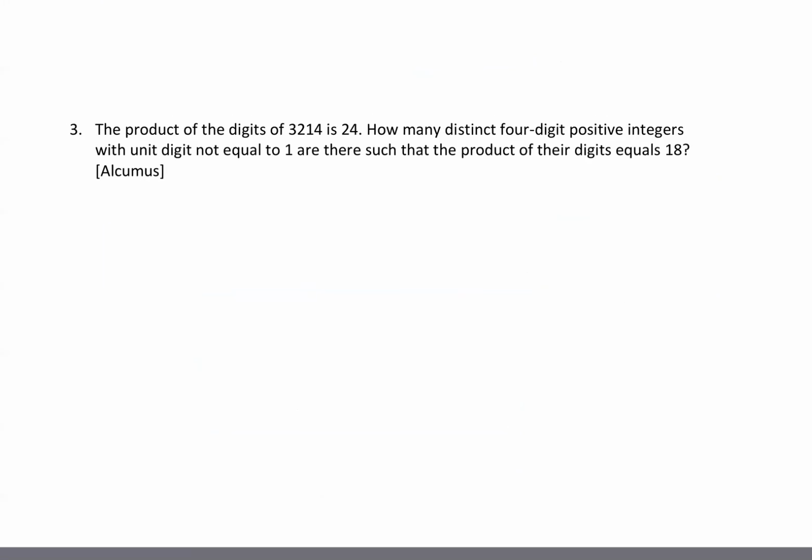The product of the digits of 3214 is 24. How many distinct 4-digit positive integers with unit digit not equal to 1 are there such that the product of the digits equals 18? And then we can give you guys a couple minutes to think about it.